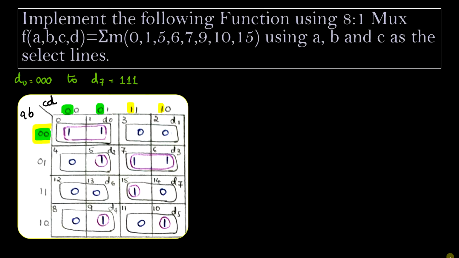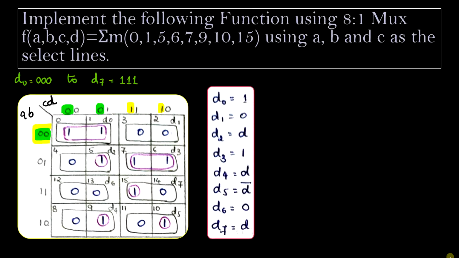So finally, I can write D0 to be equal to 1 because both of the minterms were grouped, and you can see that the output is equal to 1.